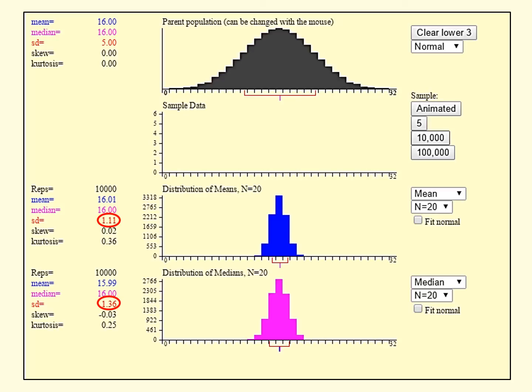It's not a big difference, but it is a difference, and we'd see even more if we had larger samples or larger numbers of samples drawn, instead of 10,000, 100,000, or a million, or so on.